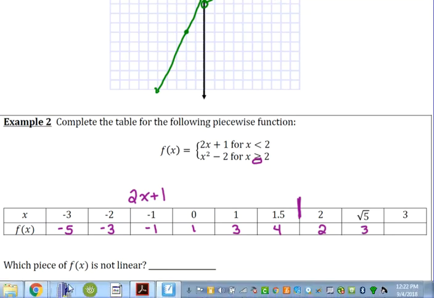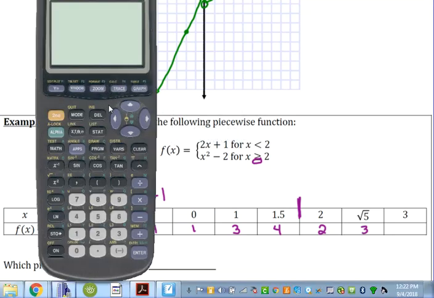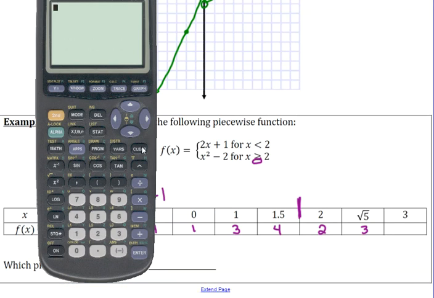Now, if you don't feel very confident in that answer, of course you can plug it in. Just make sure that you put the square root of 5 in parentheses. Or at least that you close your parentheses after the 5. I think that'll be okay as well.